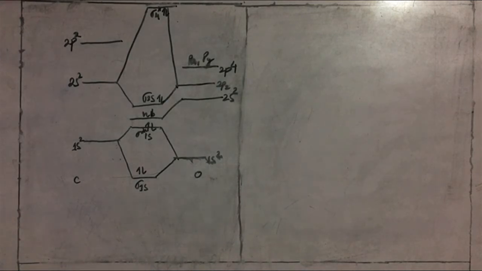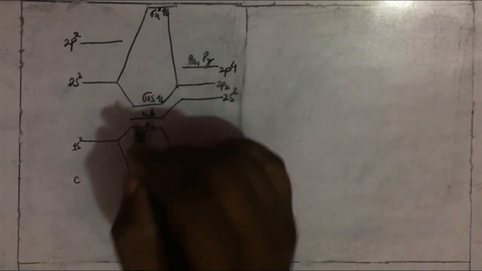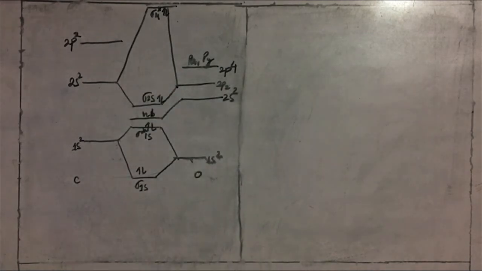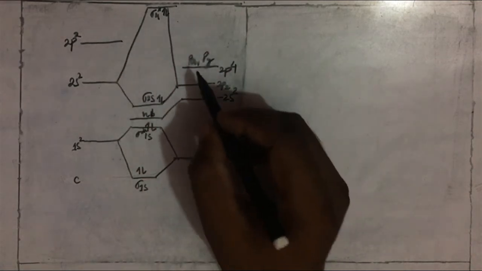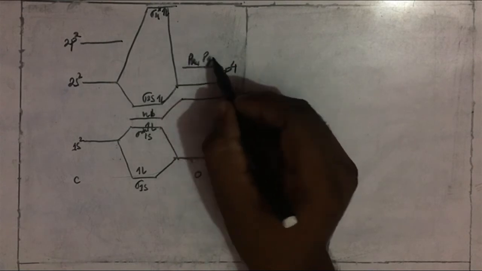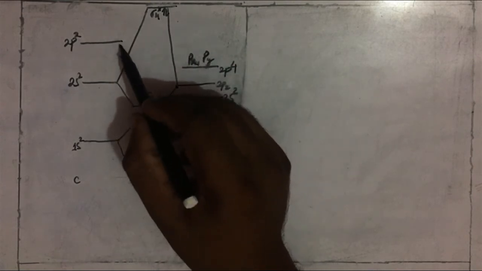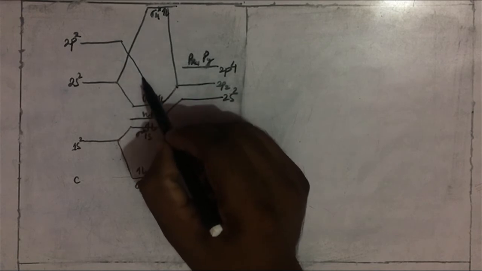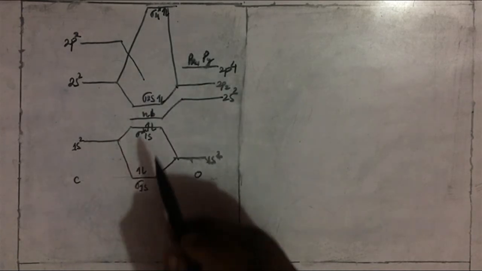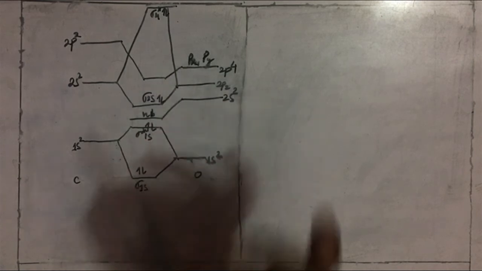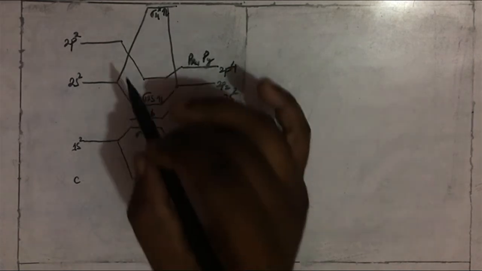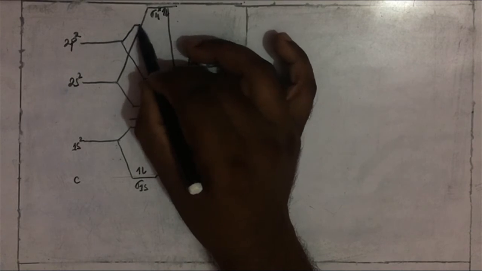So this is some basic diagram of CO, and then we can draw the structure. Sorry, this is px, py, this is bonding from here to here, and this goes like this.